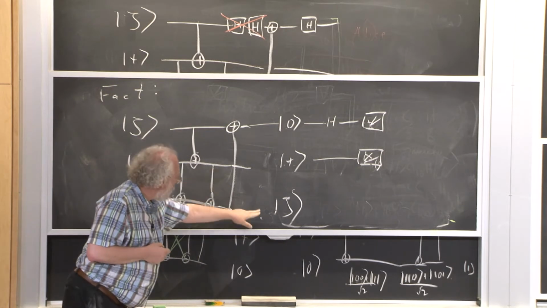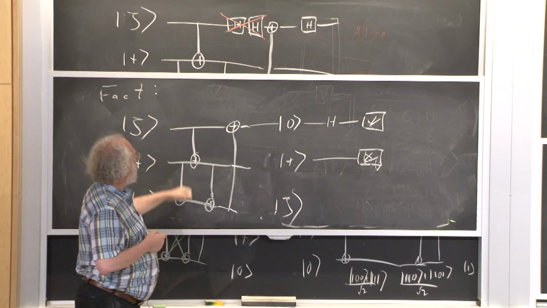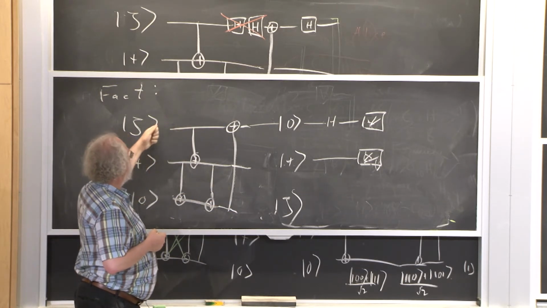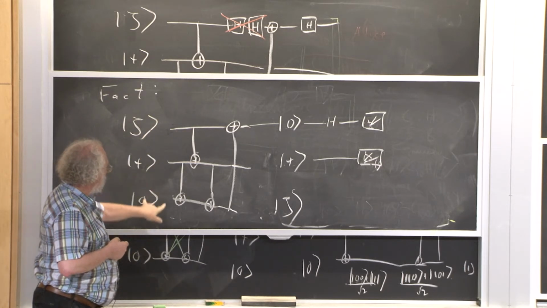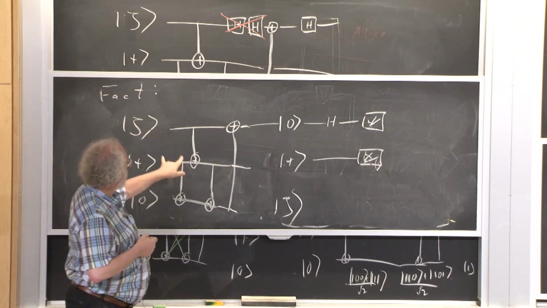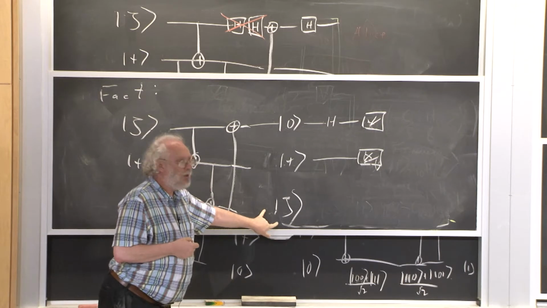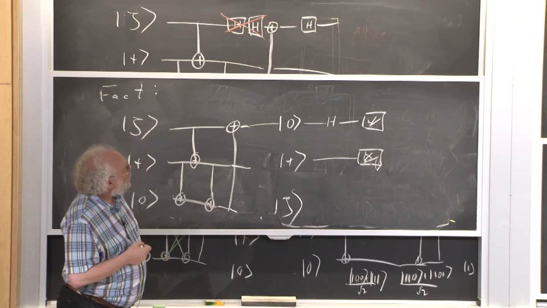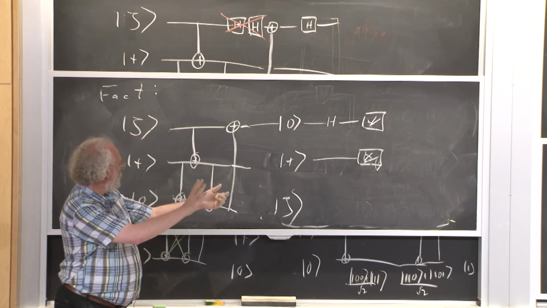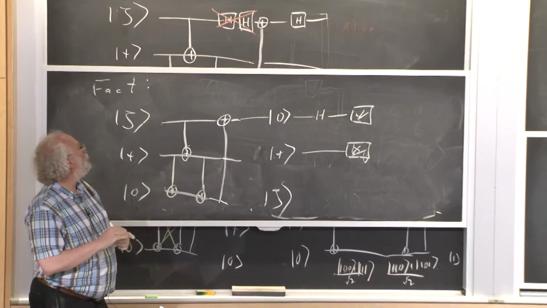So that is the way of using the circuit to analyze how to teleport, to show that this teleportation circuit actually teleports the first qubit to the last qubit, which means that the original teleportation circuit, which I've now erased, also did.